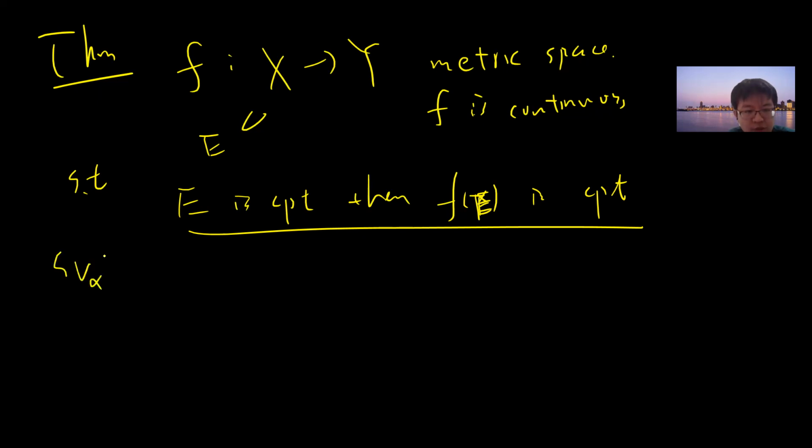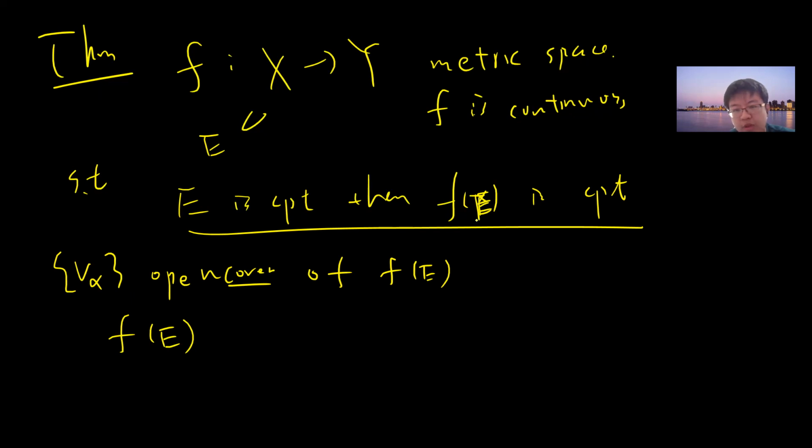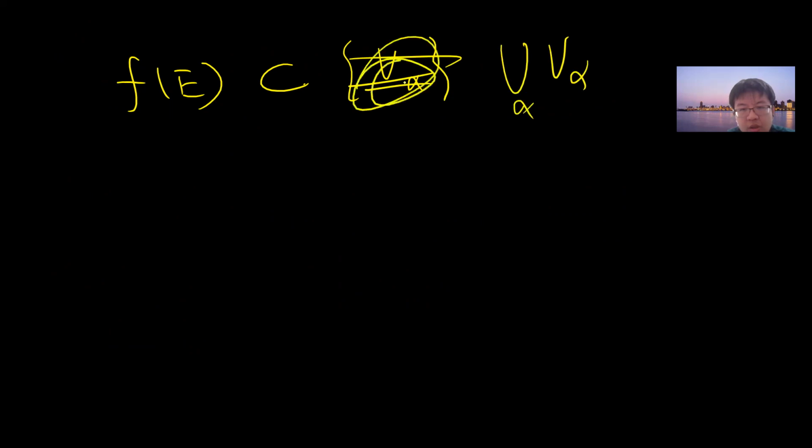Let's say we have some V alpha, which is an open cover of f of E. Then the union of V alpha covers f of E. Notice that by our assumption, f inverse of V alpha is open because f is continuous.